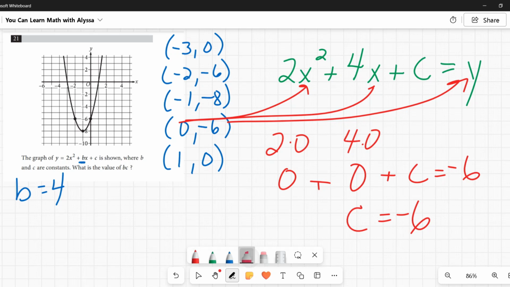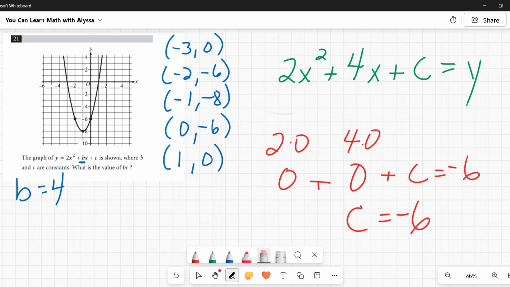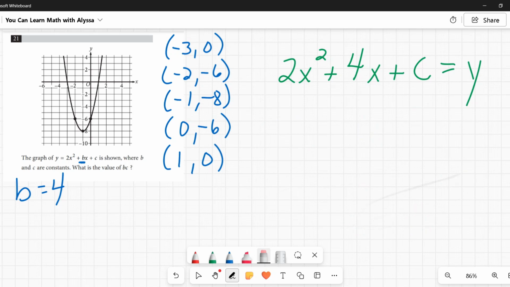Okay. Another way that you can get the b is you can actually start with solving for c and then use it to get the b. What I mean by that is, even if I didn't know what the b was, I still know that multiplying b times 0 is going to be 0.